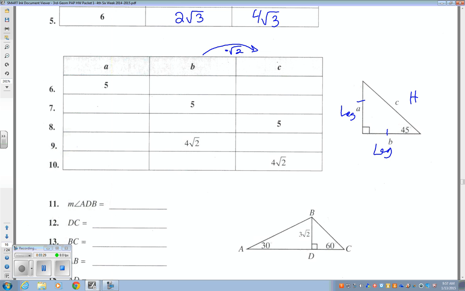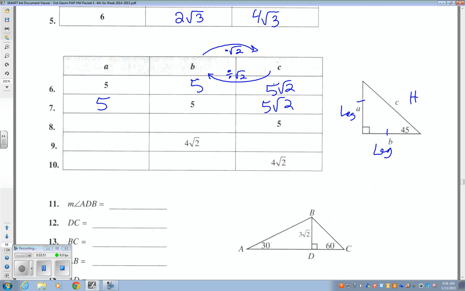But if I have the hypotenuse and I need to come back to the leg, we're going to divide by root 2. So this should be easy. A is 5, B is 5, so C is 5 root 2.